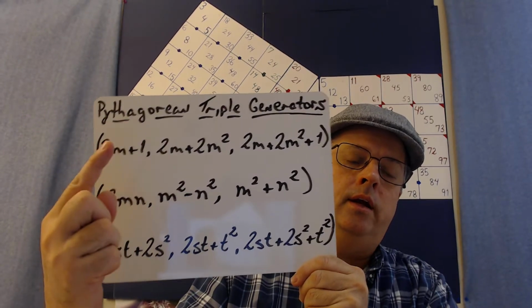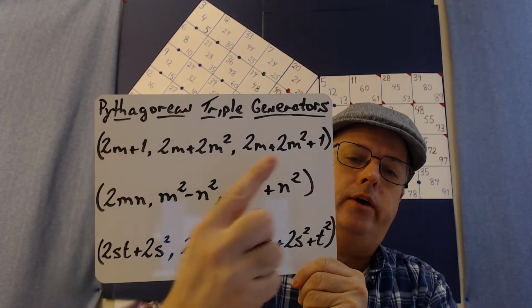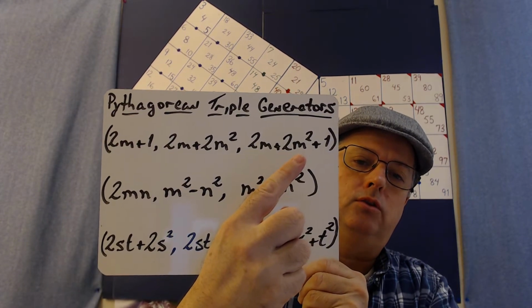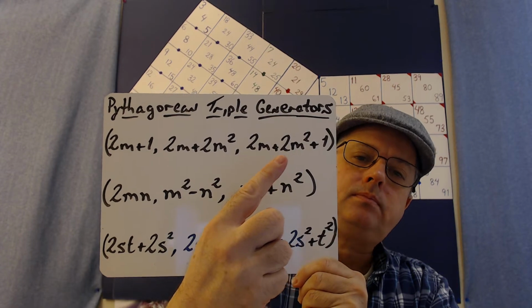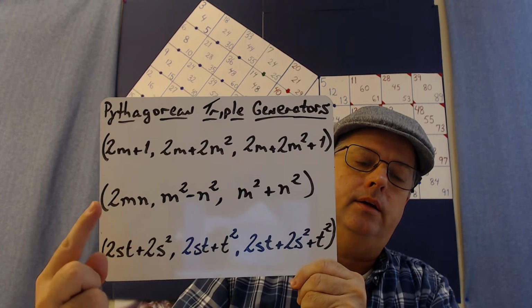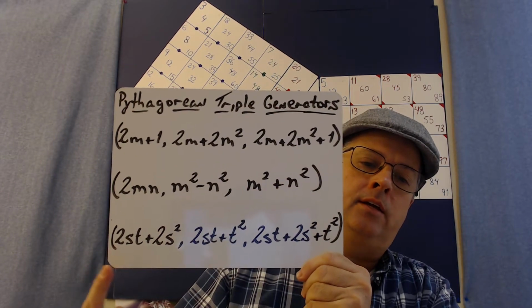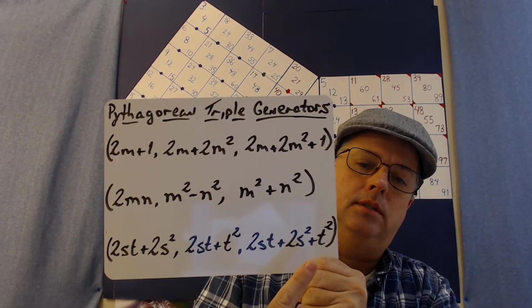In the episode prior to this one, we talked about this first triple generator. In this video, we're going to talk about the middle one. And in the next video, we'll talk about this last one here.